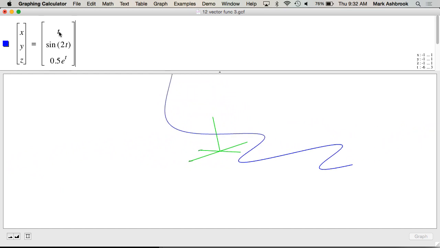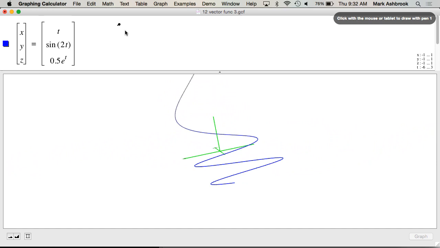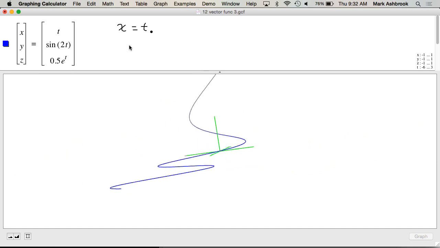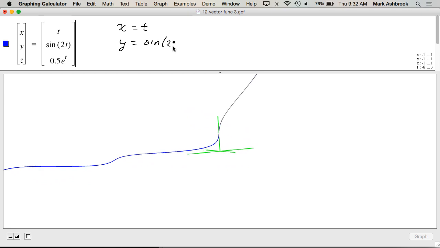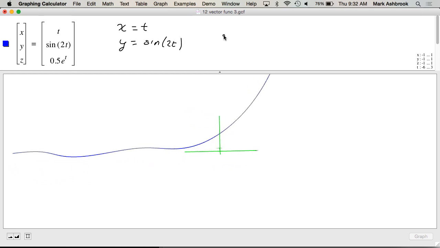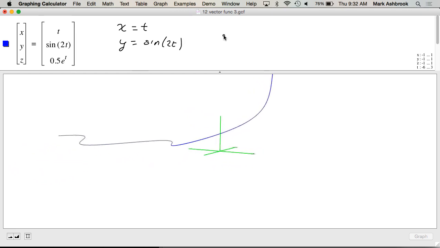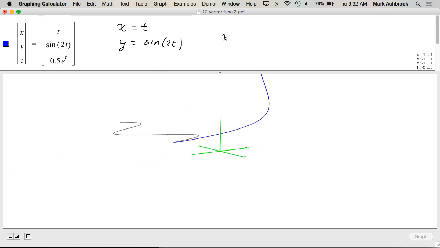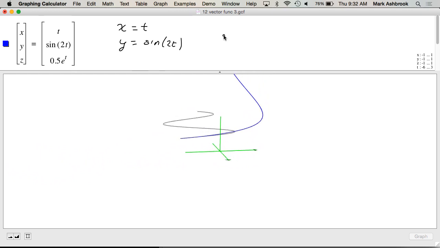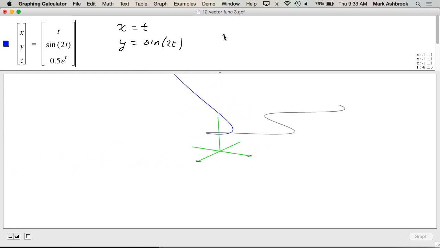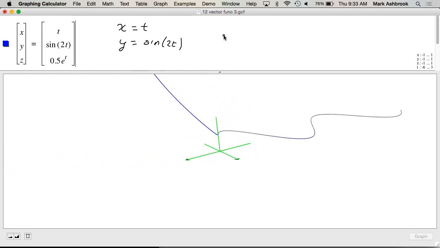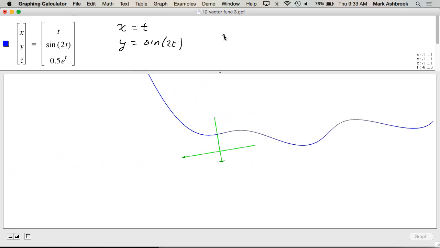So I'm just going to see this, where x is t, and I think back to your parametric equations in Calc 2. What curve is that in the xy plane? Y equals sine 2x, right? So this is just an easy parameterization of the curve y equals sine 2x.